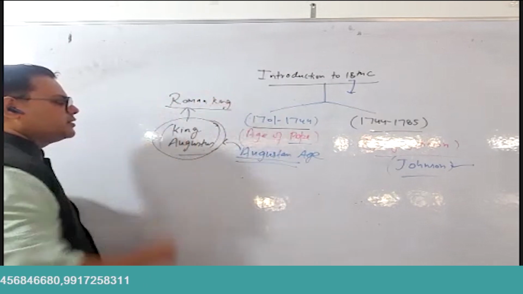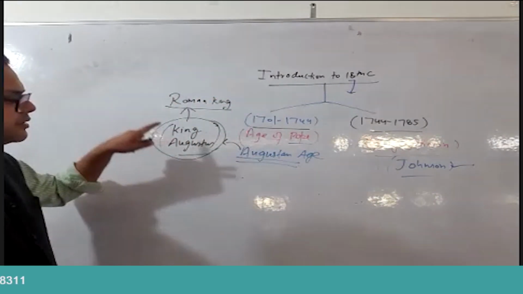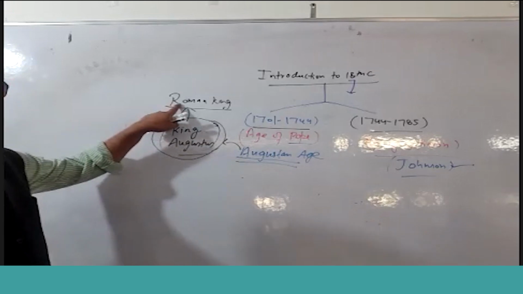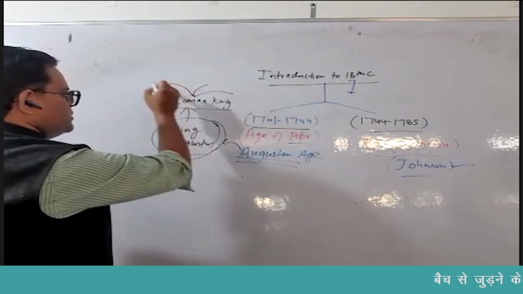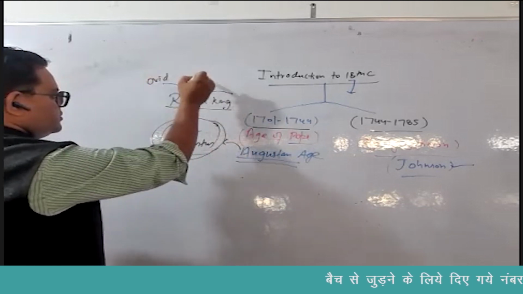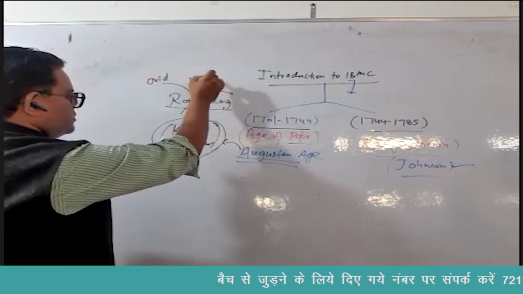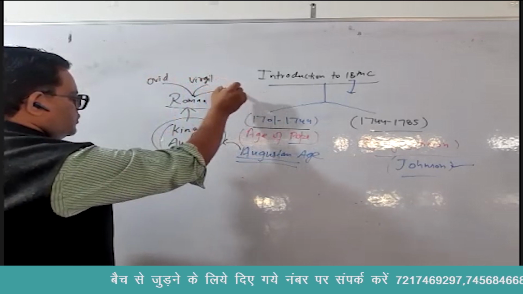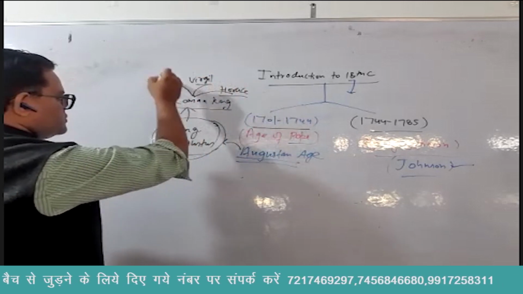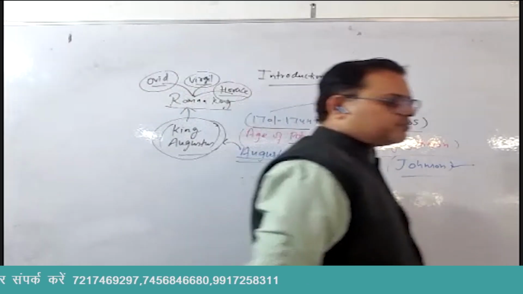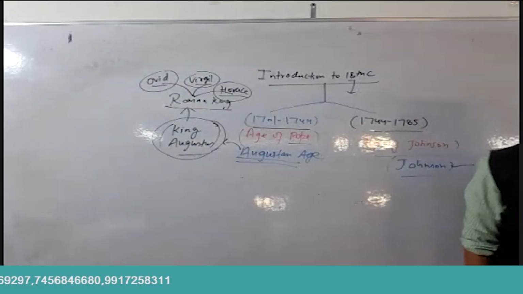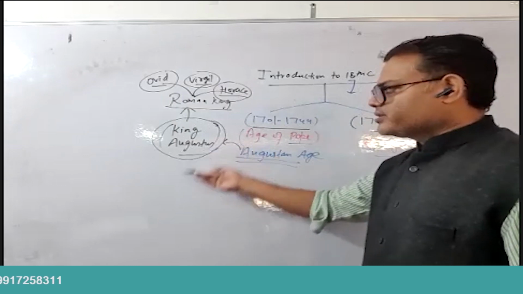And that is why under the reign of King Augustus, the Roman king, there prospered three great writers: Ovid, Virgil, Horace. So these three legends of classical literature prospered under the reign of King Augustus.